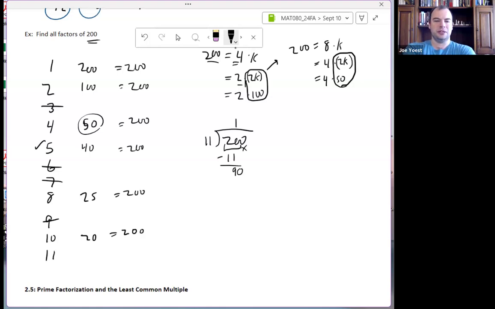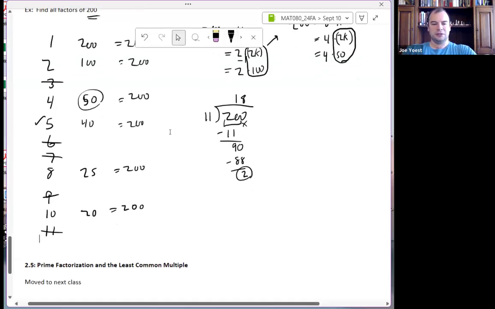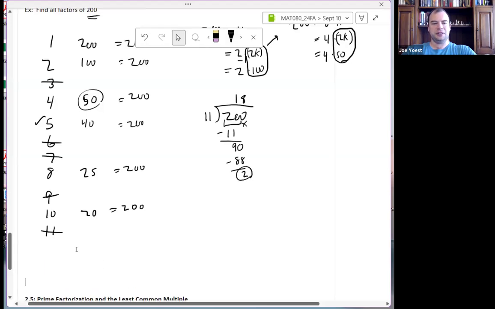How many times does 11 go into 90? Well, 11 times, let's say 8 would be 88, and times 9 would be 99, so only 8 times. We get a remainder of 2. So 11 is not a factor of 200.